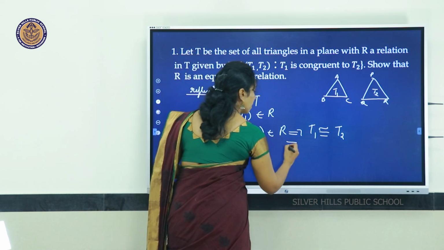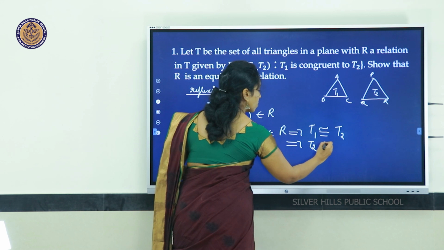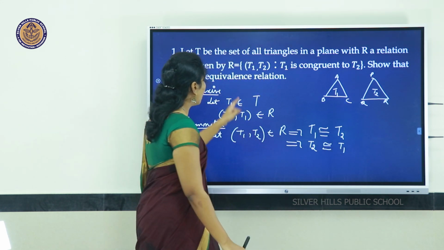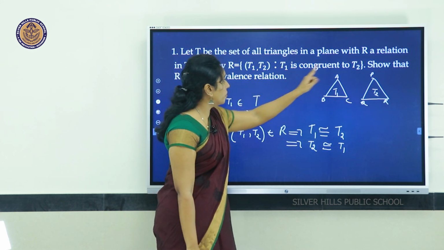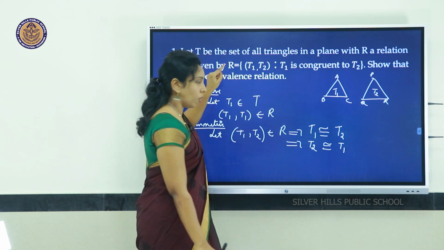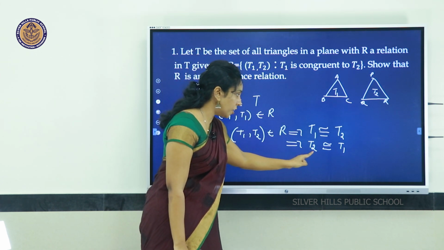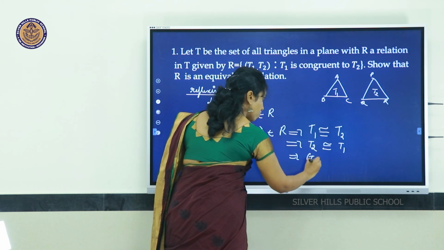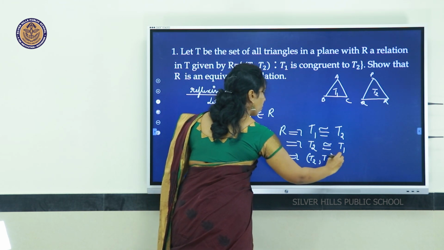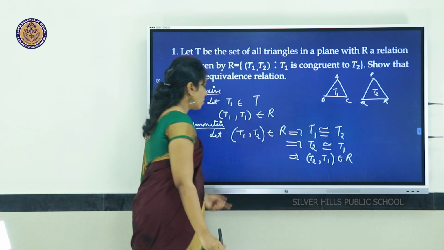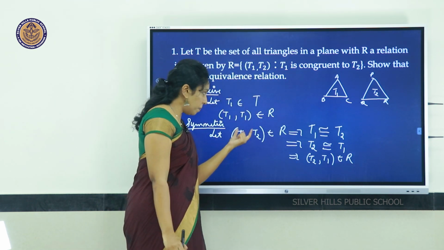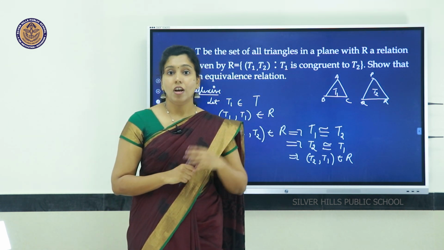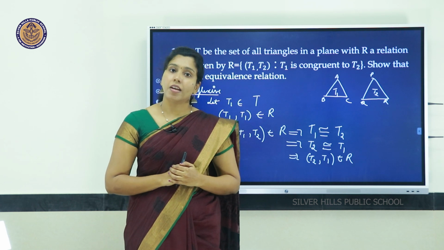So, I am writing T2 is congruent to T1. What does that mean? T2, T1 belongs to R. So, our definition A, B belongs to R implies B, A belongs to R. So, the given relation is symmetric.